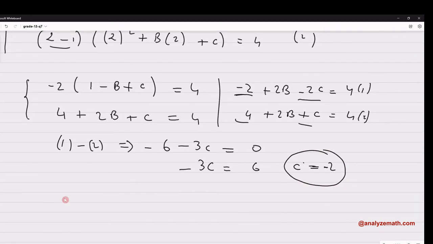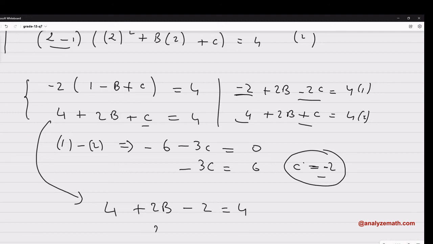Now c equal to −2, if I substitute in one of the equations, let's substitute in this one here. So 4 + 2b, we are substituting c by −2, so 4 + 2b − 2 gives me 4.